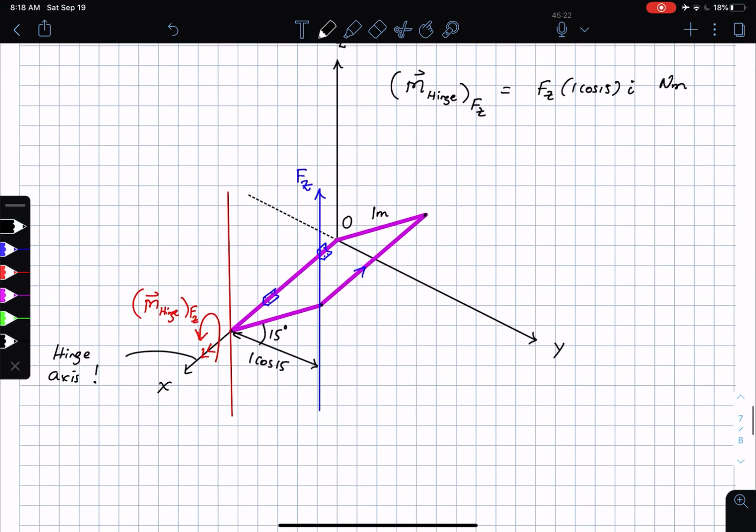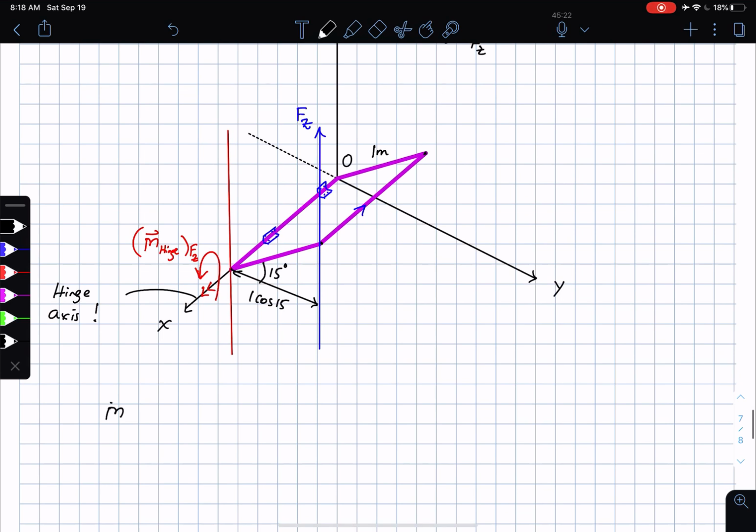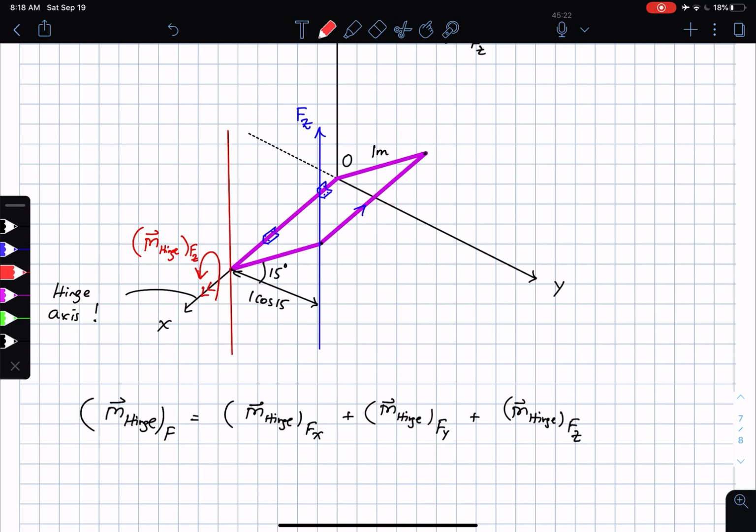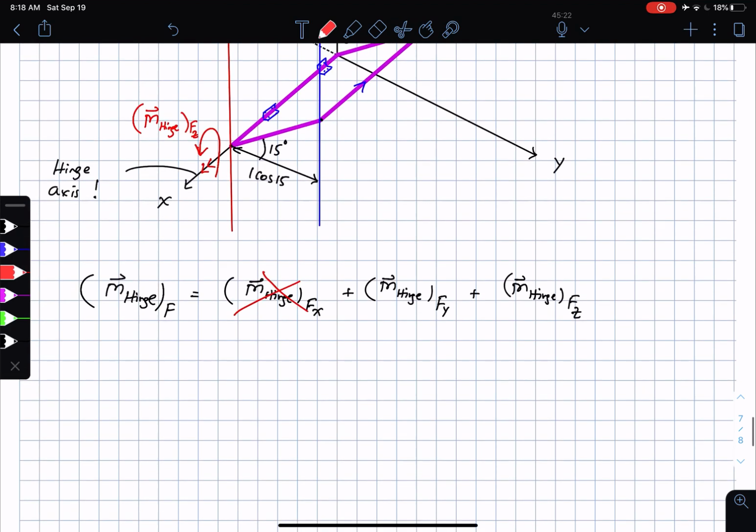And then eventually I have to write out the resultant. So M hinge due to the force F is M hinge due to the force Fx, plus M hinge due to the force Fy, plus M hinge due to the force Fz. Due to the force Fx, this was anyway 0, we found out. And this is just going to be the following.